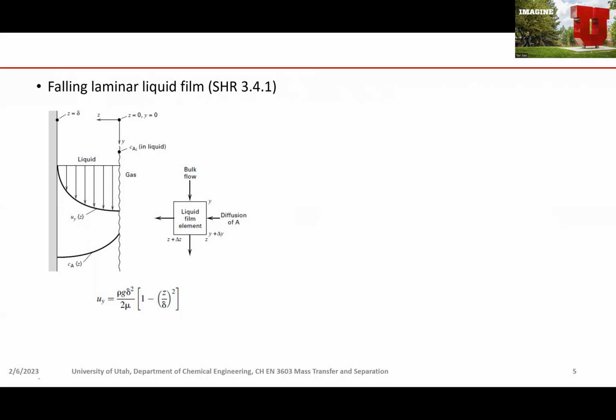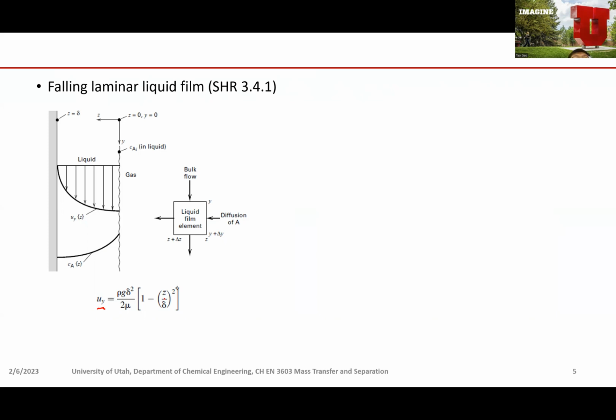And from fluid mechanics, you can solve for the velocity of the fluid in the y direction. In the z direction, there's no flow, because the wall is impenetrable. But in the y direction, because gravity is pulling down the liquid film, you can compute the velocity as a function of the location in the z direction.